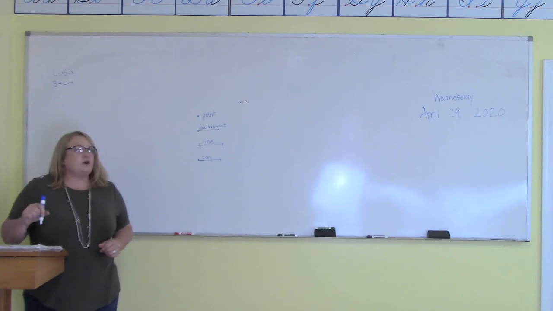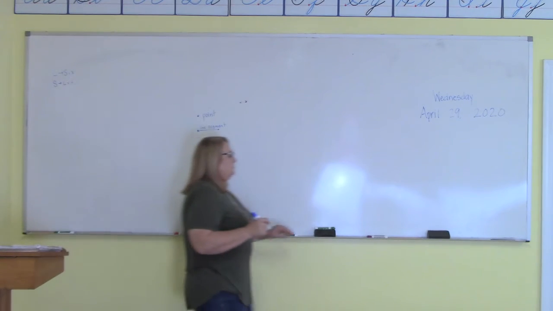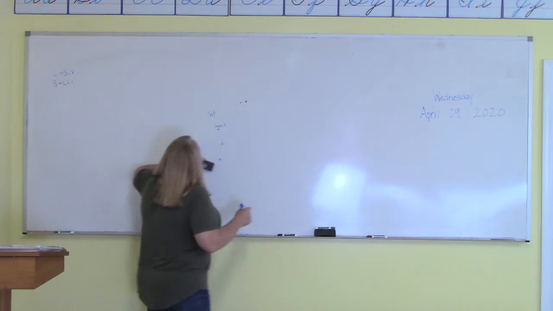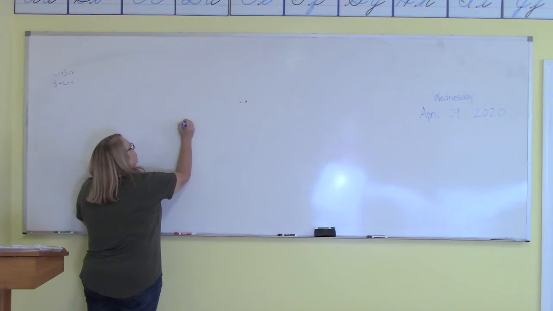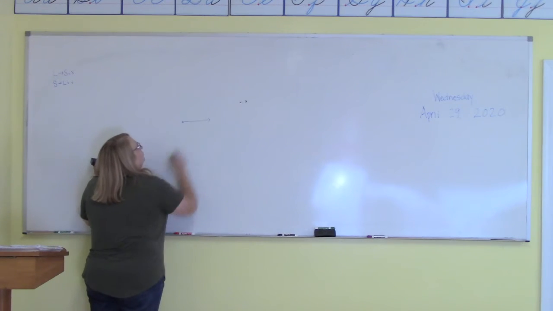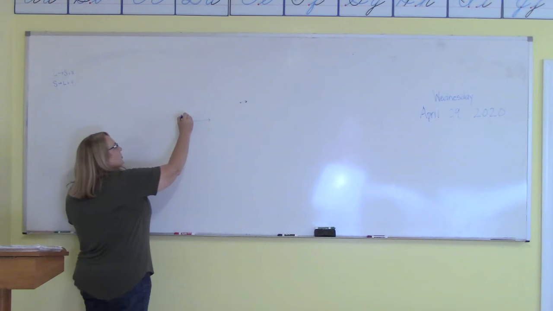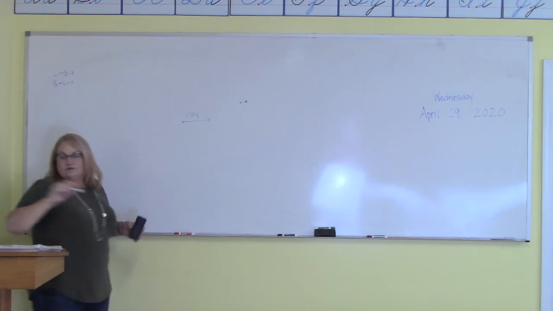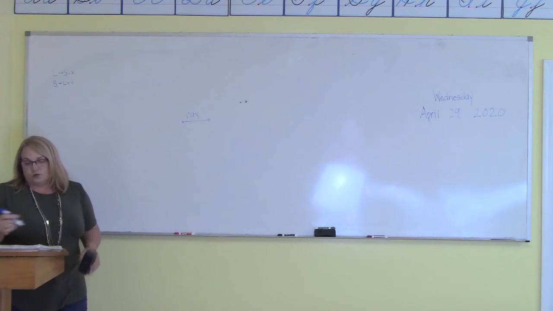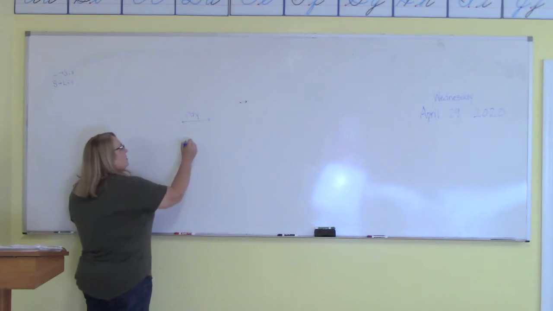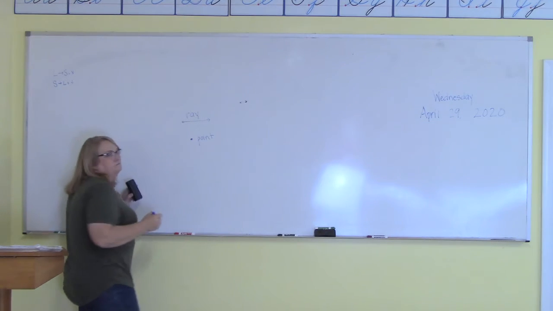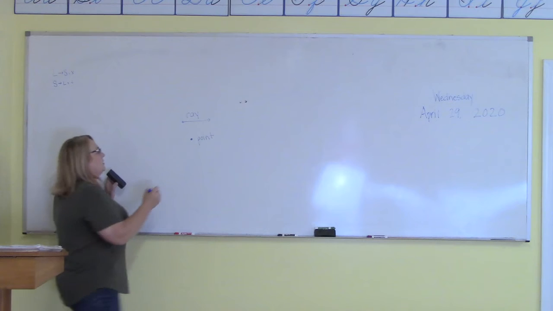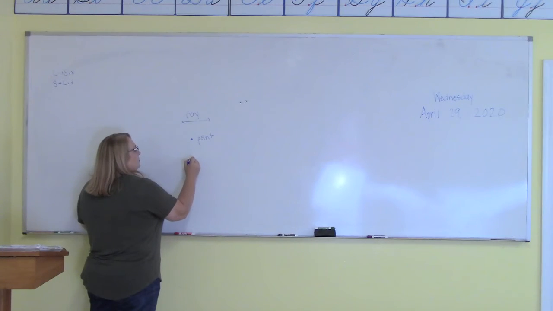Okay, so for number one, we're going to label what these are. So number one, if you have a point with an arrow, this is called a ray. So for 1A, that is a ray. B, that is a point. C, you have a line segment.